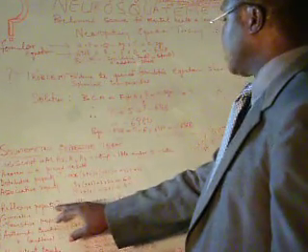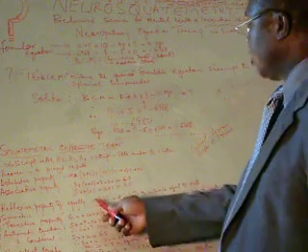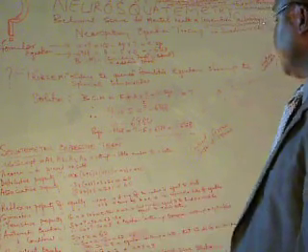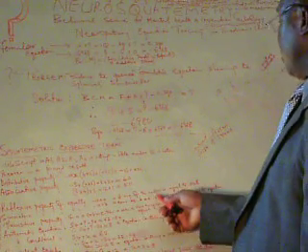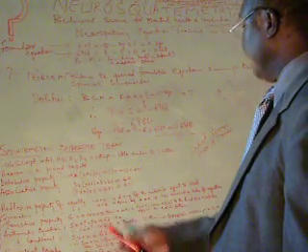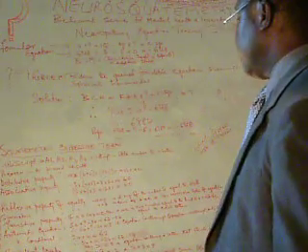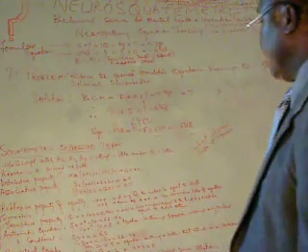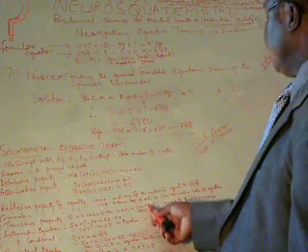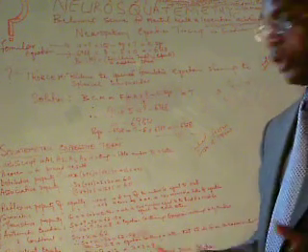Reflexive property of equality means A equals A. That means if any number is equal to itself, you can see from here this is equal to itself. And the second one is symmetric property of equality. A equals B means B equals A. That is two reversible sides of an equation. Okay.